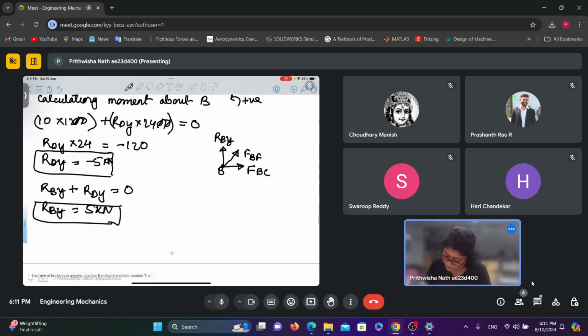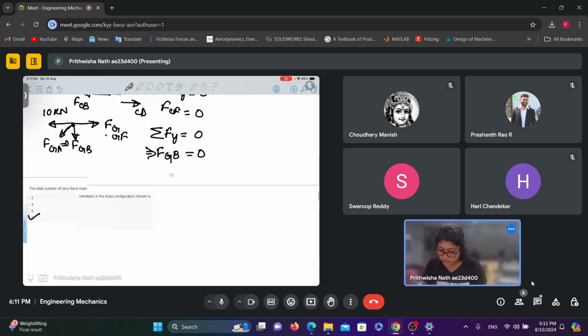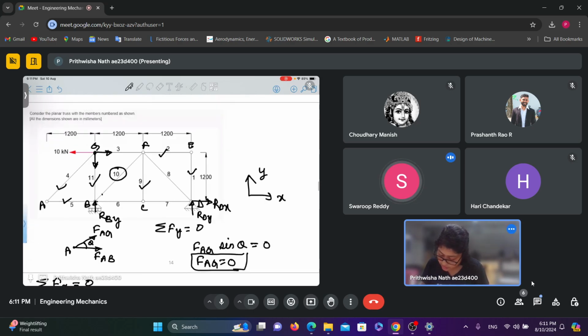Now if I consider summation of forces along y direction to be 0, RBY, can you tell me what angle it should be by looking at this figure? This angle? 45, ma'am. Yeah.